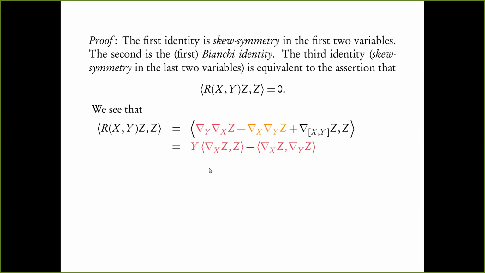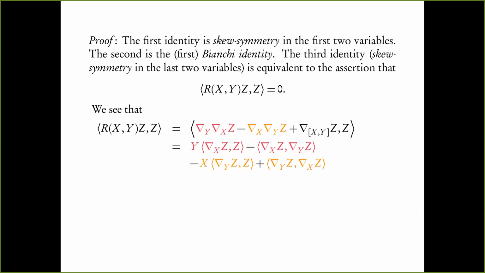So the three red terms combine to give you metric compatibility. Is that okay with everyone? This is exactly metric compatibility applied to the vector field y acting on the pair of vector fields nabla x z and z. Okay, so I'm writing it this way.